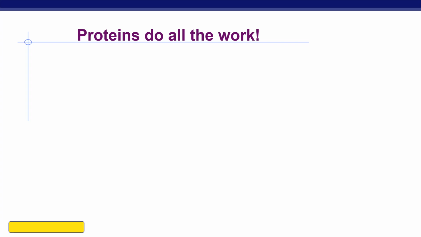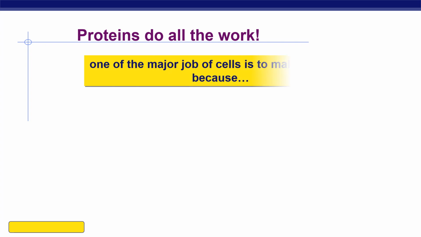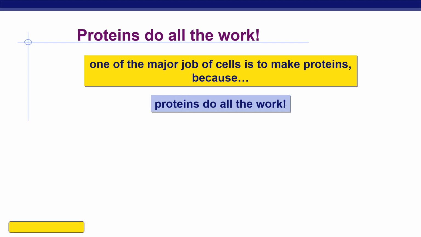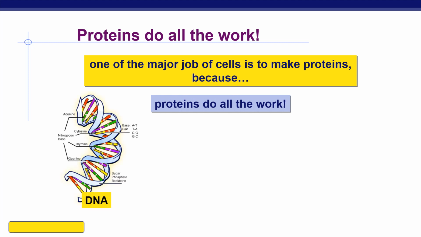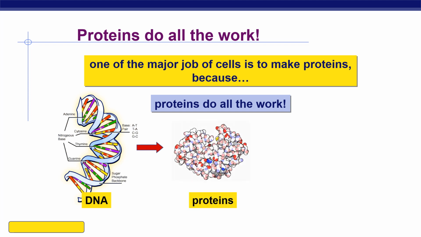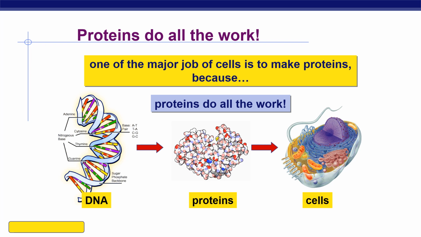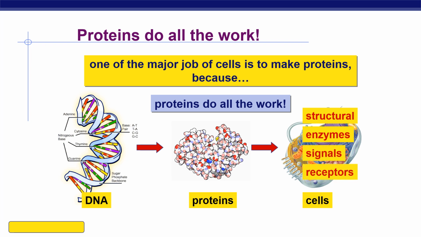So let's find out which organelle does the proteins. One of the major job of cell is to make proteins because proteins do all the work. So we have there the DNA, the proteins, and the cells. The structural cells, the enzymes, and of course, the signals.